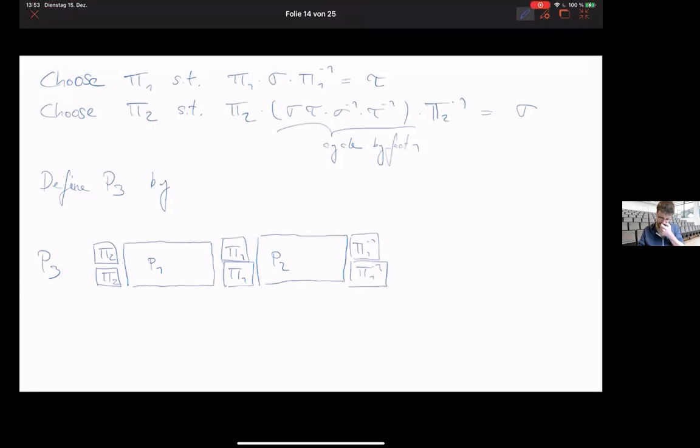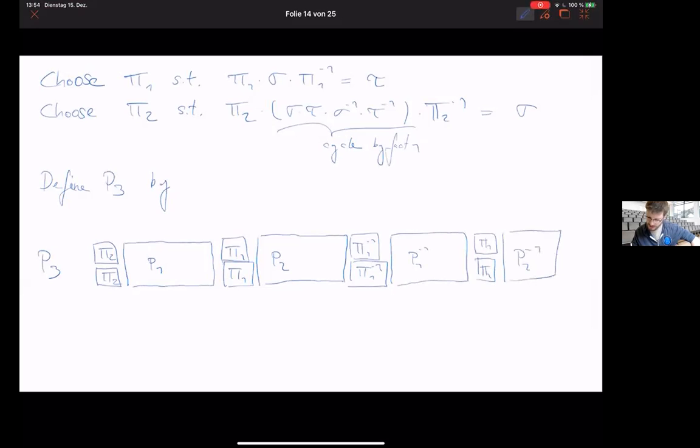Okay, that's the first part. Then next I have P1 inverse. And now I need this conjugated P2 inverse, and that is just pi 1, P2 inverse, and pi 1 inverse.